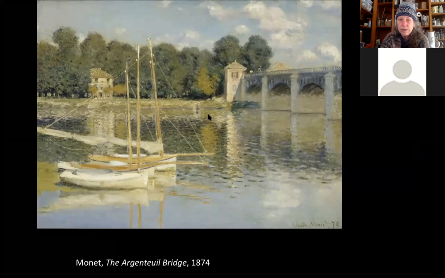The reflection in the water is just as important as the thing itself. The end of the bridge here, or this tree, or the reflection of the clouds in the water, it's all equal, kind of. It's not like the boat is more important than the reflection of the boat.